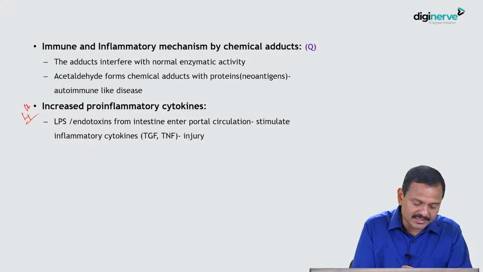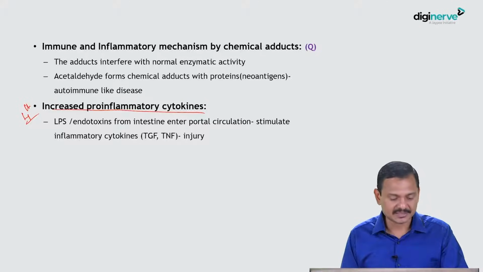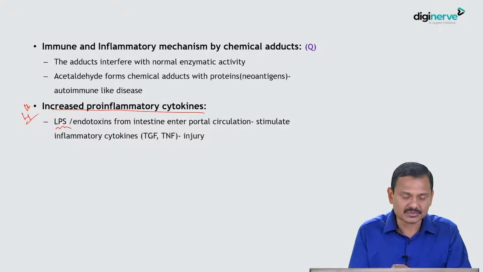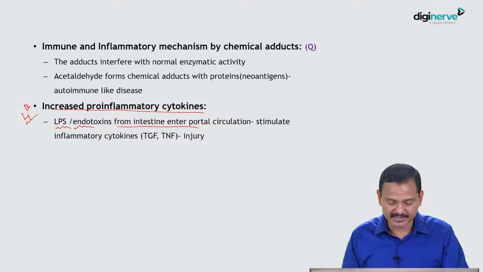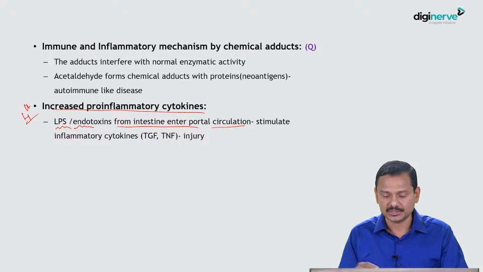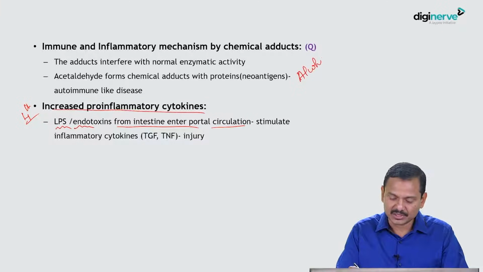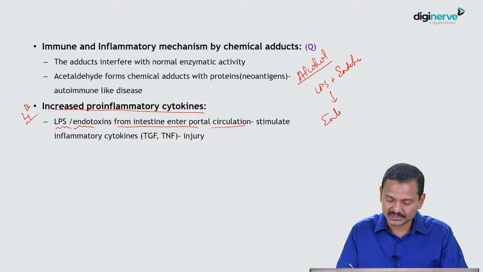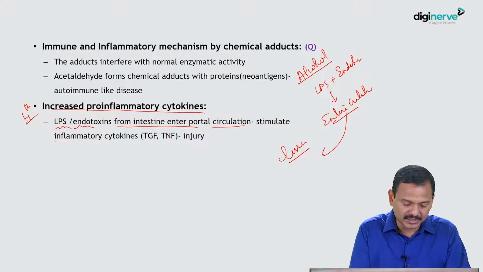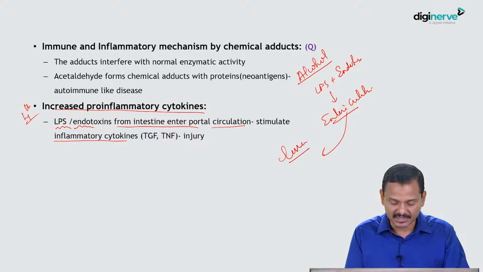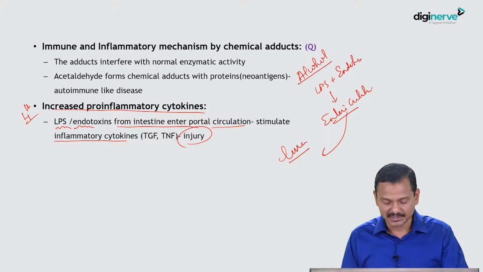Now the fourth is increased pro-inflammatory cytokines, and this happens because of lipopolysaccharides or endotoxins that come from the intestine and go into the portal circulation. So what happens with the consumption of alcohol? The LPS plus endotoxins come into the enteric circulation, and once they are in the enteric circulation, they will go into the liver and stimulate inflammatory cytokines, and that will cause hepatocytic injury.